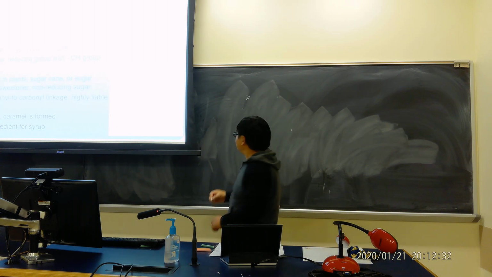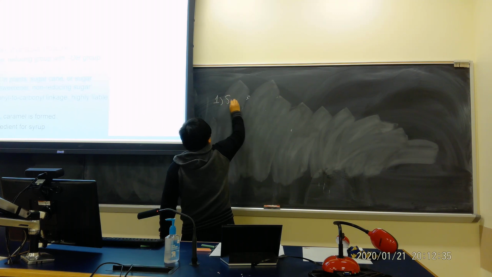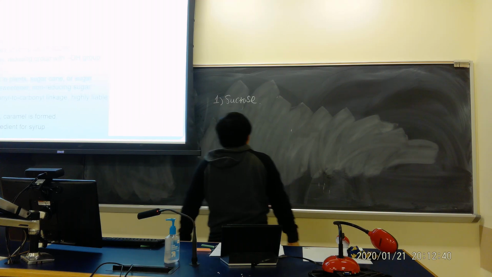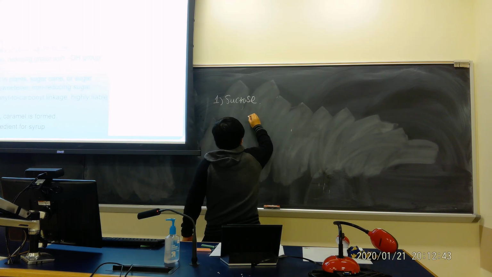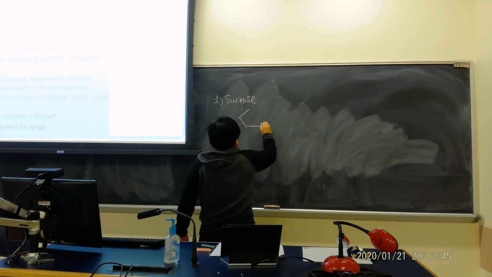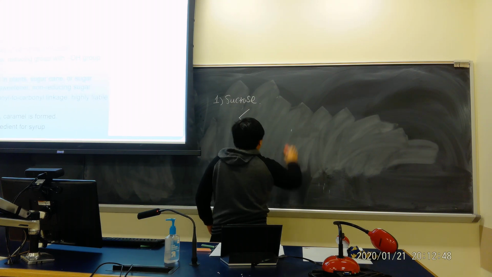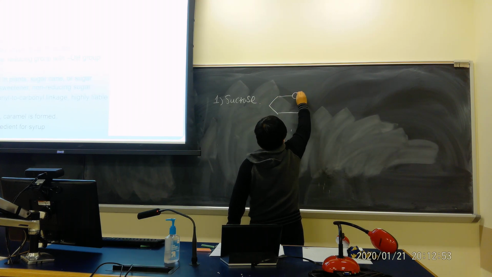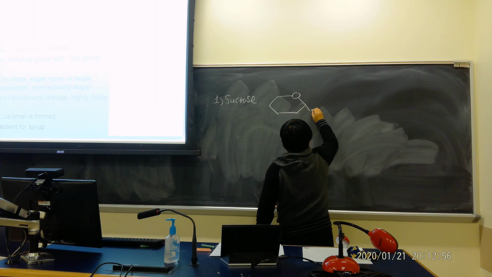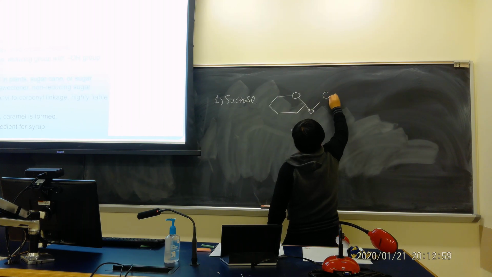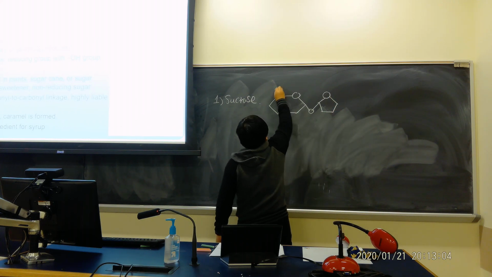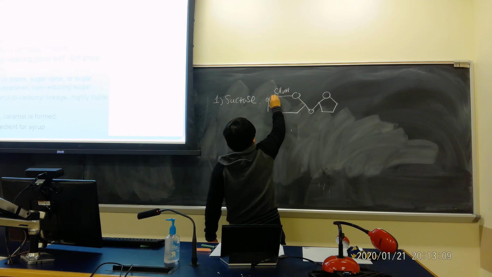So the first thing we want to talk about is sucrose. Okay. What is sucrose? Sucrose is the structure. It looks like there is a glucose. Okay, then go here, here. So this is CH2O. This is on the top.